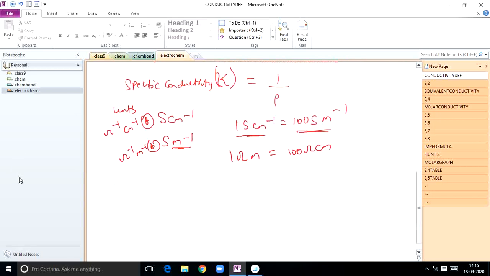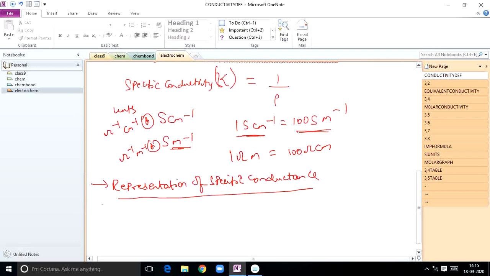See, the specific conductance of electrolytic solution depends on certain factors.